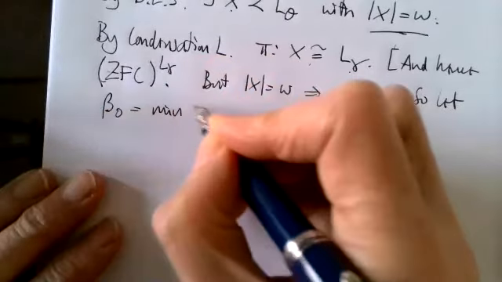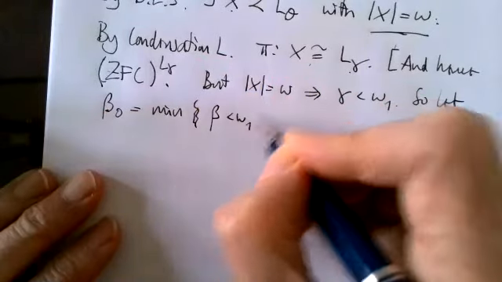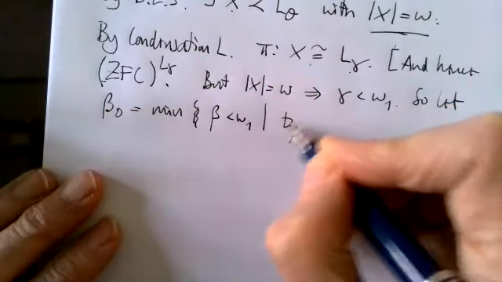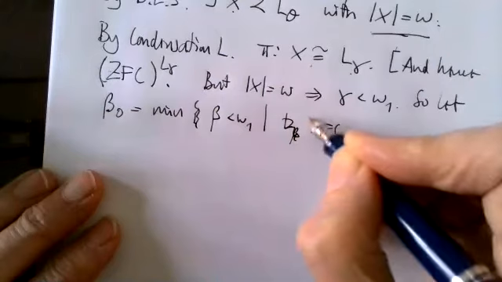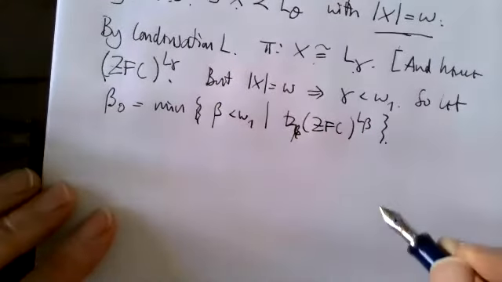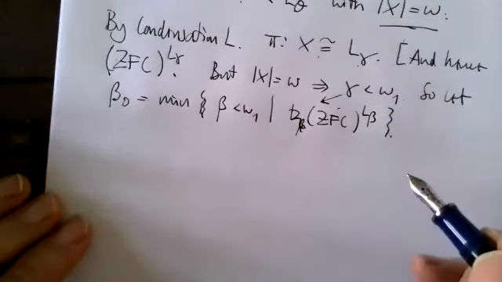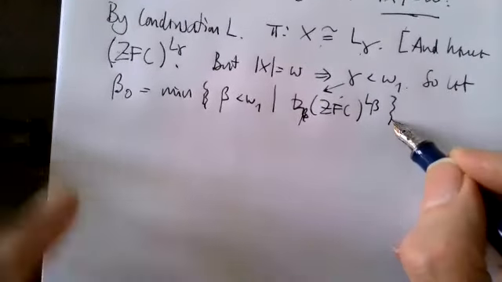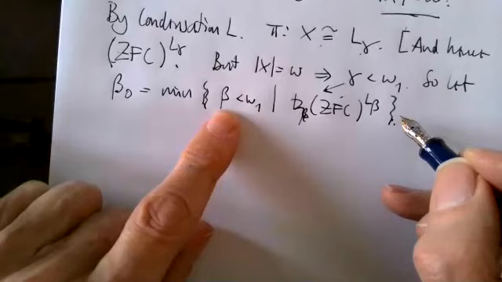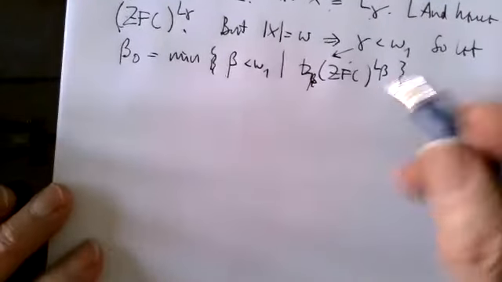So let beta 0 be the minimum of those betas less than omega 1, such that ZFC holds in L beta. I know the set is non-empty because gamma's in there. So this smallest ordinal, where we have a model of ZFC, is the thing that we're going for.